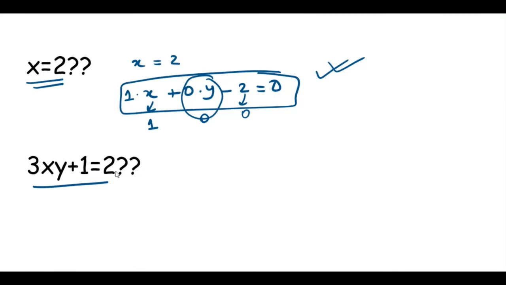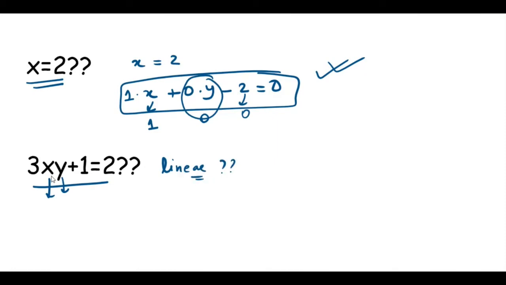Next, consider 3x plus 1 equals 2. So here we have two variables x and y, and this is also an equation. Now we have to check whether this equation is linear or not.